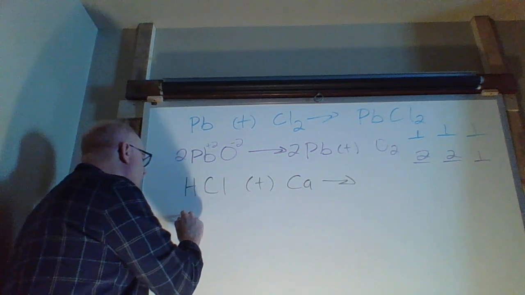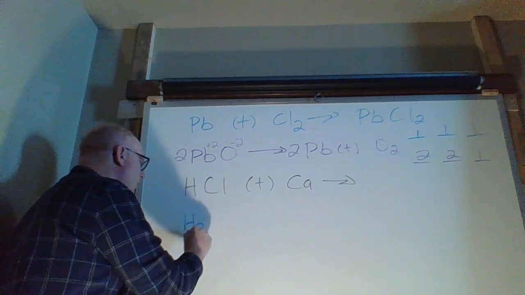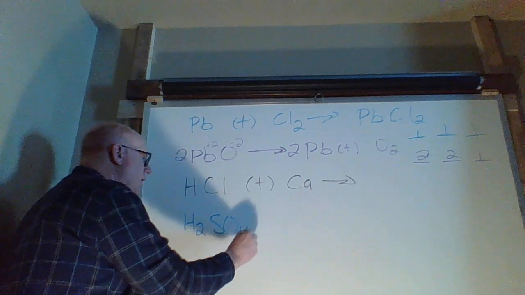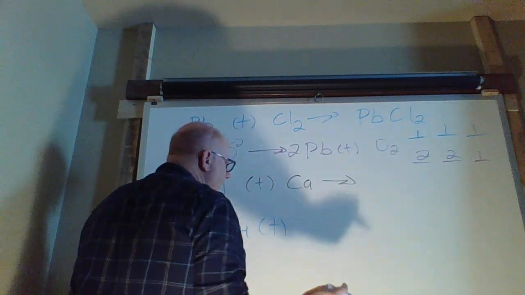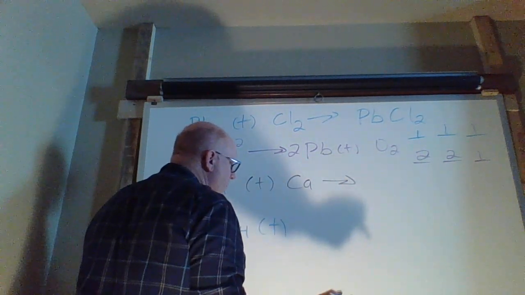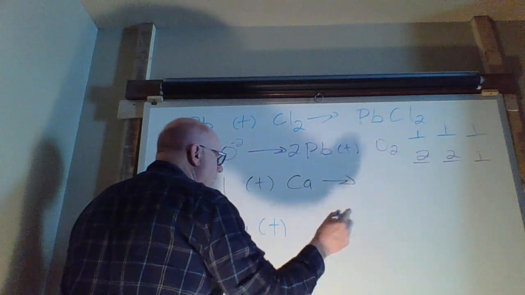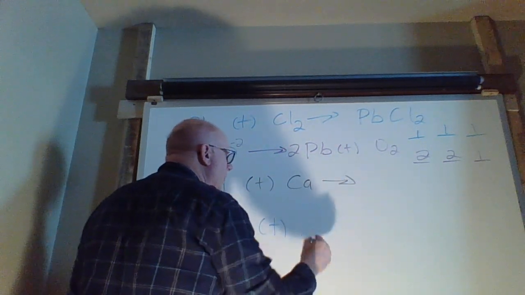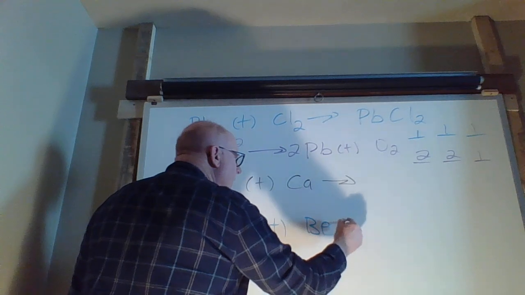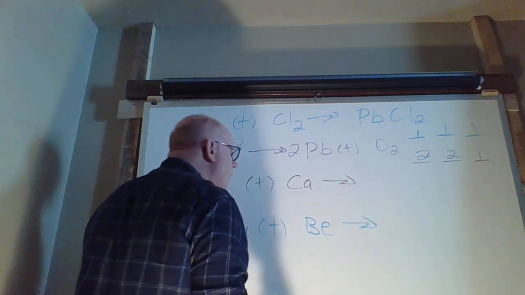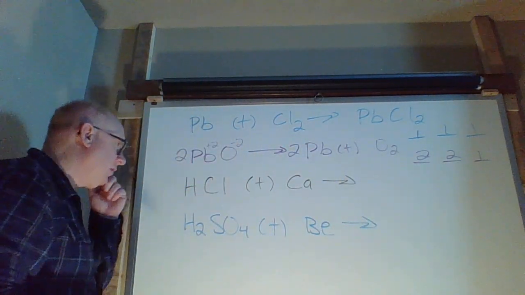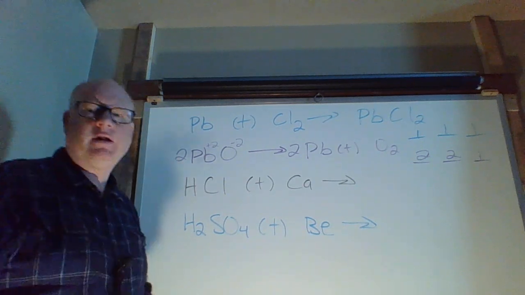And we'll go ahead and put some sulfuric acid here. Okay, and let's maybe add, I don't know, just keep it simple, something in column 2, maybe some beryllium. Okay, so go ahead and work on that for just a moment if you so choose, and then we'll show you what the answer actually is.